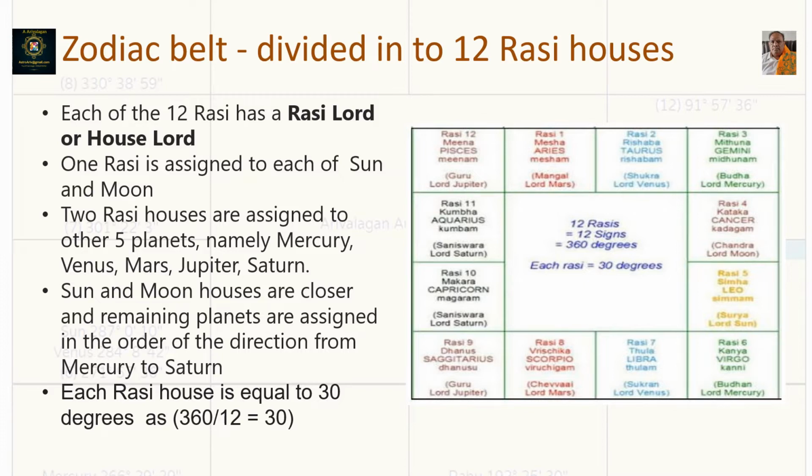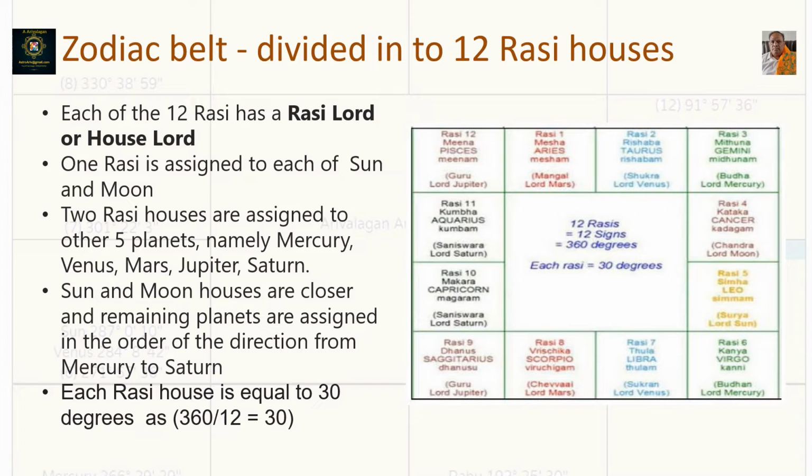So you can see here on the chart that Rishabha Rasi and Libra, Tulam Rasi, are owned by Venus, and Mesha Rasi and Vrichaka Rasi are owned by Mars.